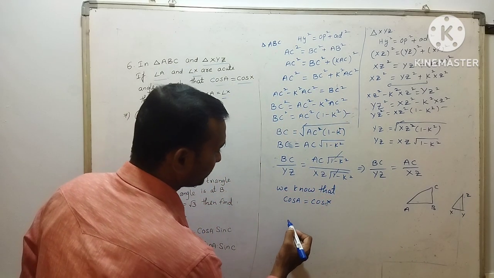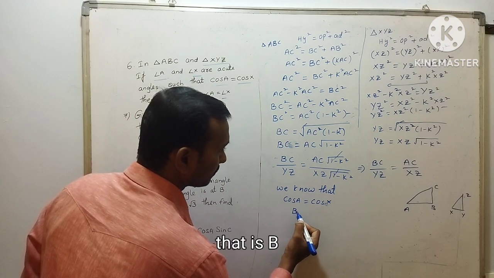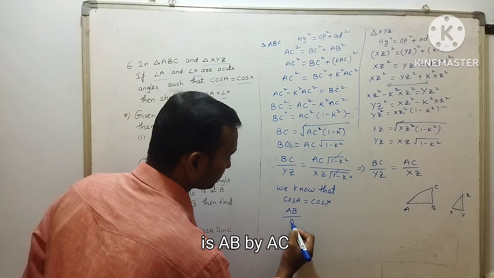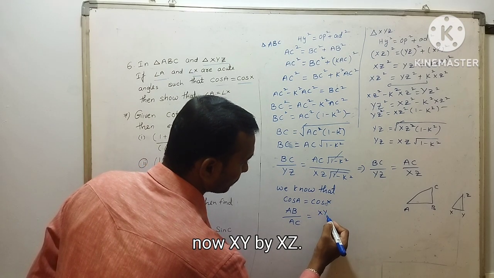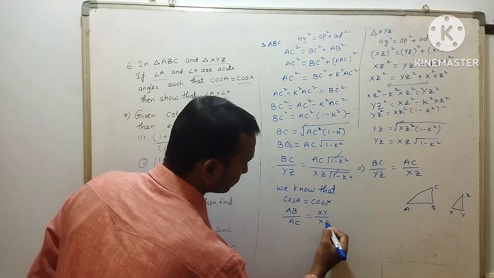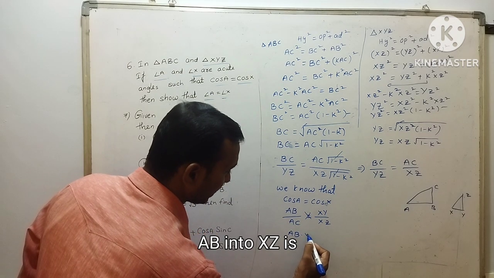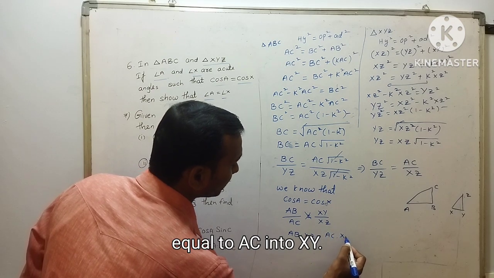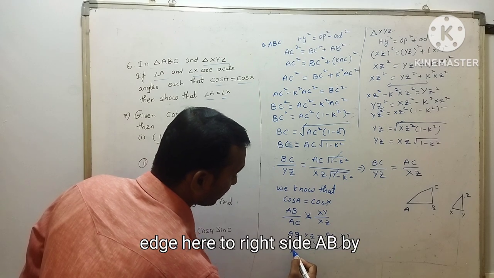Okay. Cos A is nothing but adjacent by hypotenuse. That is AB by AC. Now XY by XZ. Just cross multiply. AB into XZ is equal to AC into XY. So now we bring this XY to this side, take this XZ to right side.